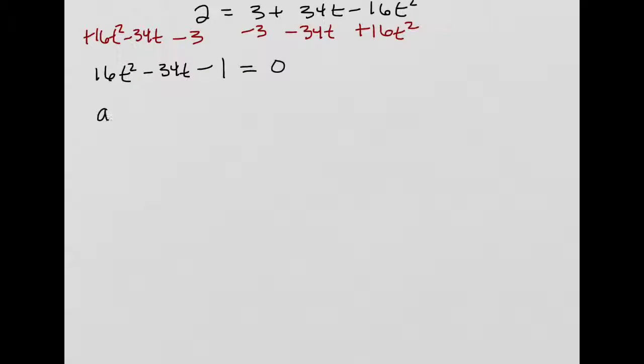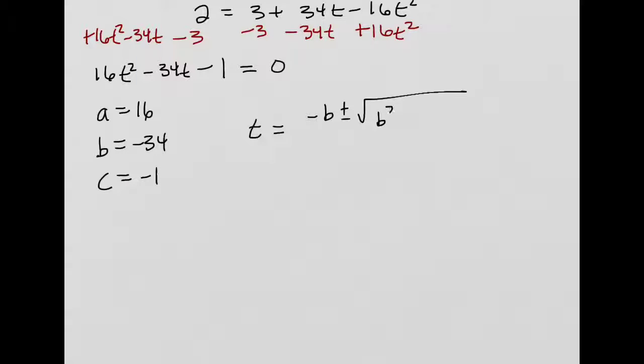So my a would be 16, my b would be negative 34, and my c would be negative 1. So the quadratic formula is allowing us to solve for t. And the formula is negative b plus or minus the square root of b squared minus 4ac all over 2a.